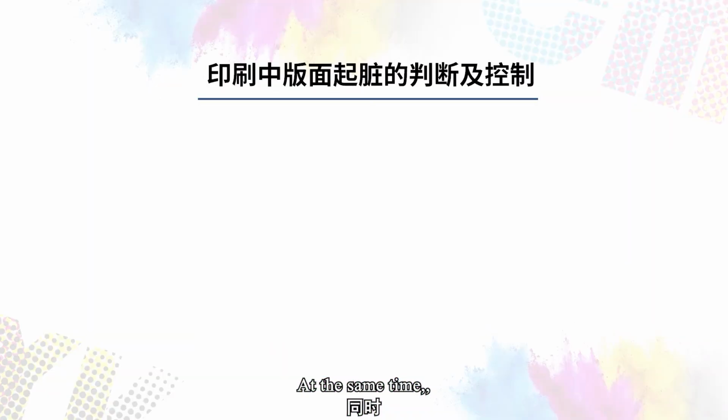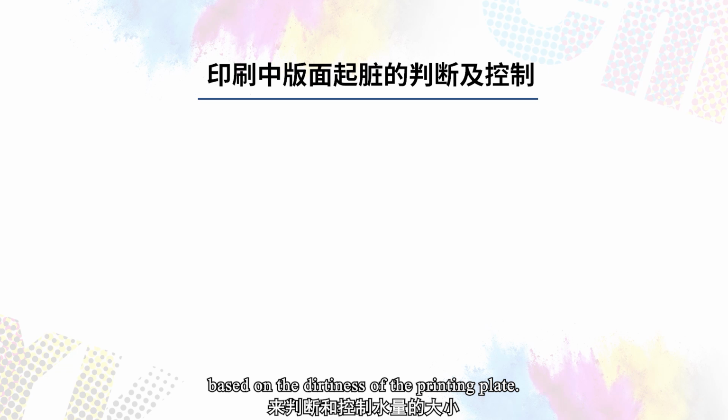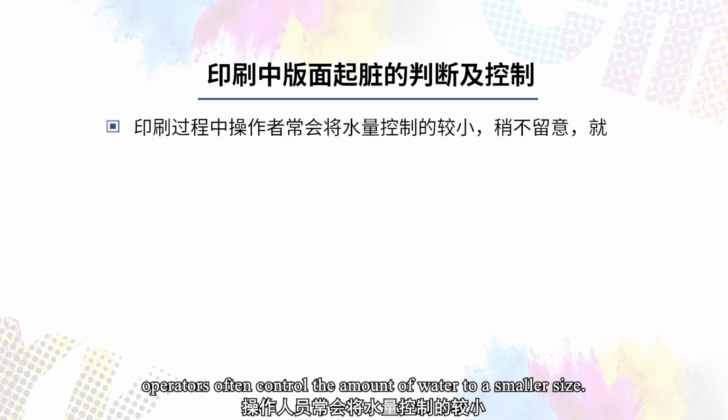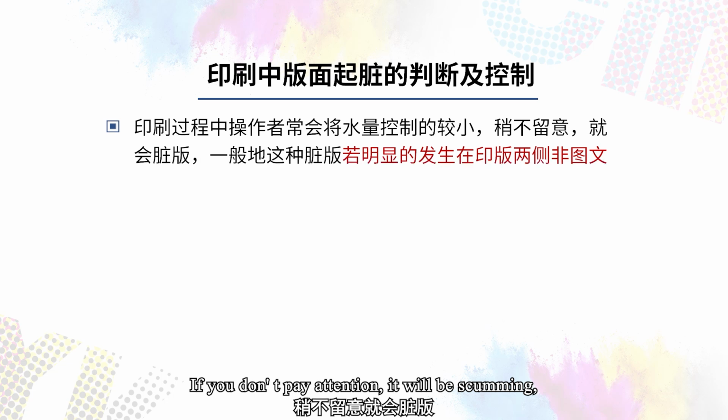At the same time, in printing, we can also assess and control the amount of water based on the dirtiness of the printing plate. During the printing process, operators often control the amount of water to a smaller size. If you don't pay attention, it will be scumming.